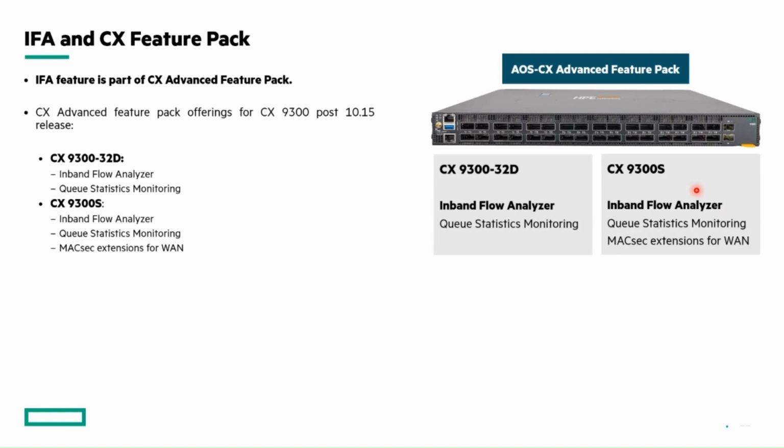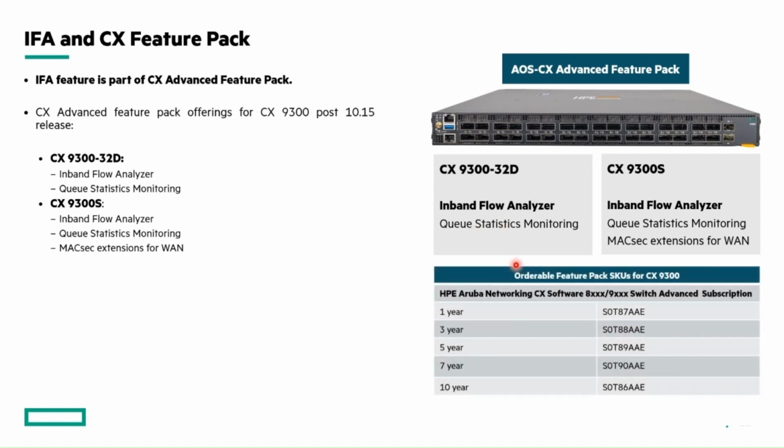CX Advanced Feature Pack offerings for both 9300 models after 10.15 will be as mentioned. Both the models are going to support in-band flow analyzer, as you can see here. It should be noted that for IFA to work, the switch must have an active CX Advanced Feature Pack installed, for which the orderable feature pack SKUs and the specific part numbers are mentioned here.